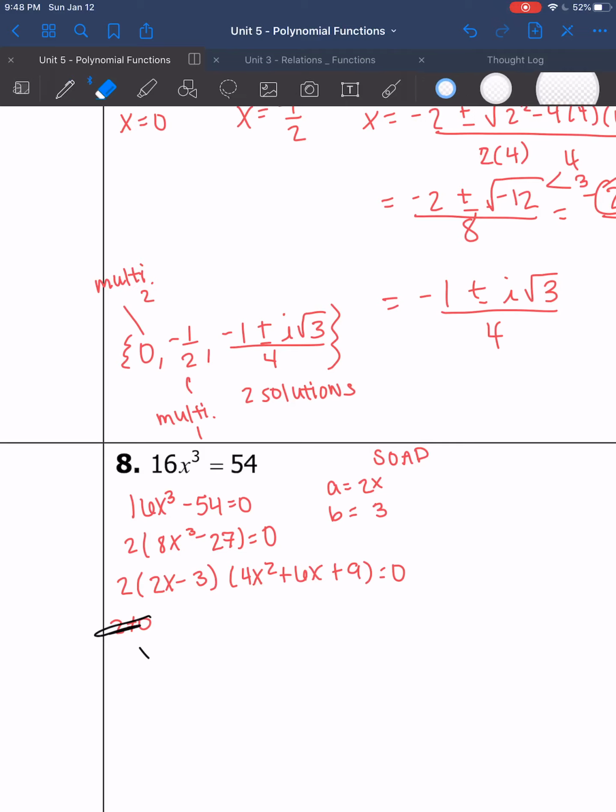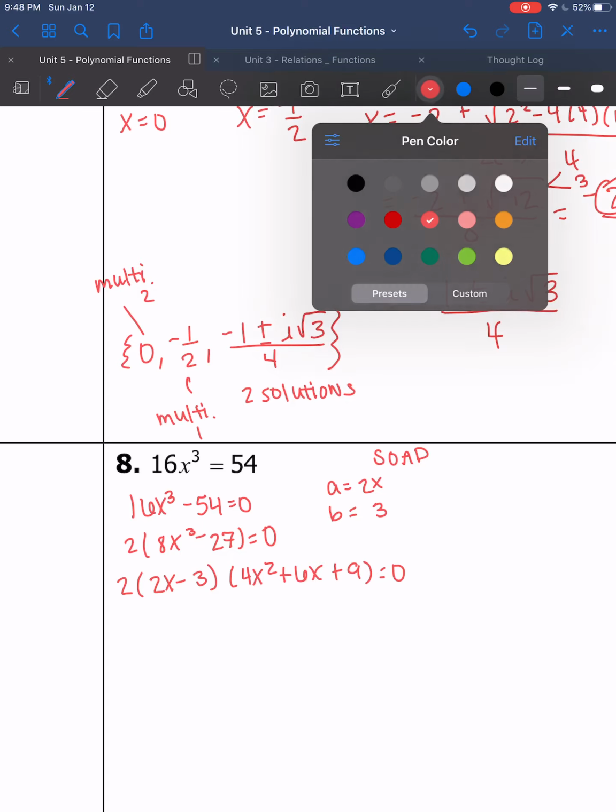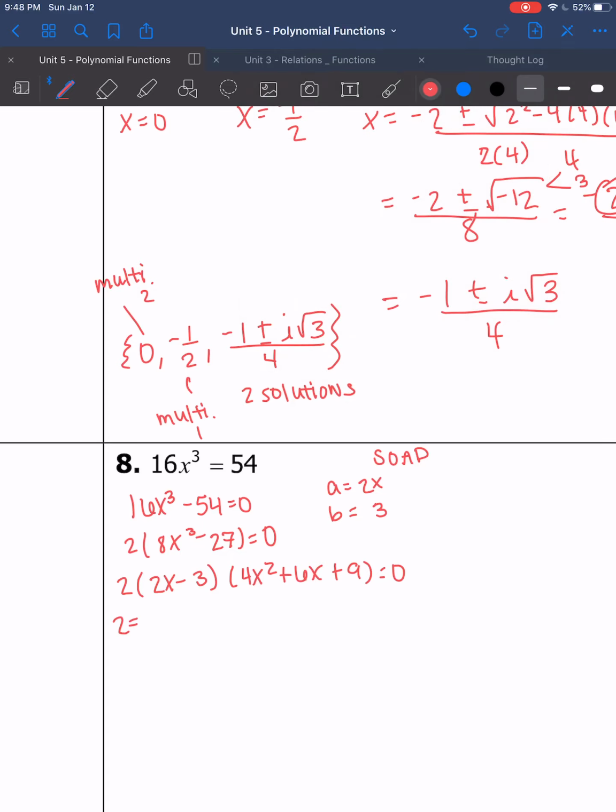It's not a solution. I'll leave it there though. 2 never equals 0. 2x minus 3 equals 0, so x equals 3/2.